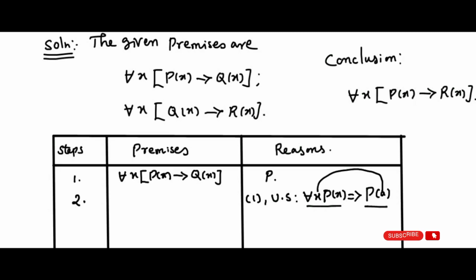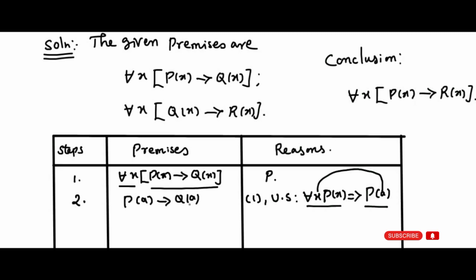This law is called universal specification law. Coming to our premise, here for all x is there, and p of x then q of x is there. I want to remove the for all symbol and at the same time replace x with a. So we get p of a then q of a only. This is called step number 2.